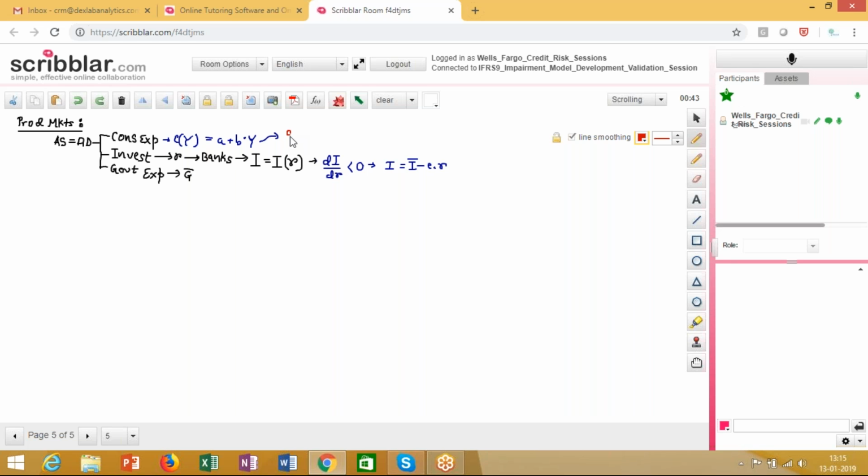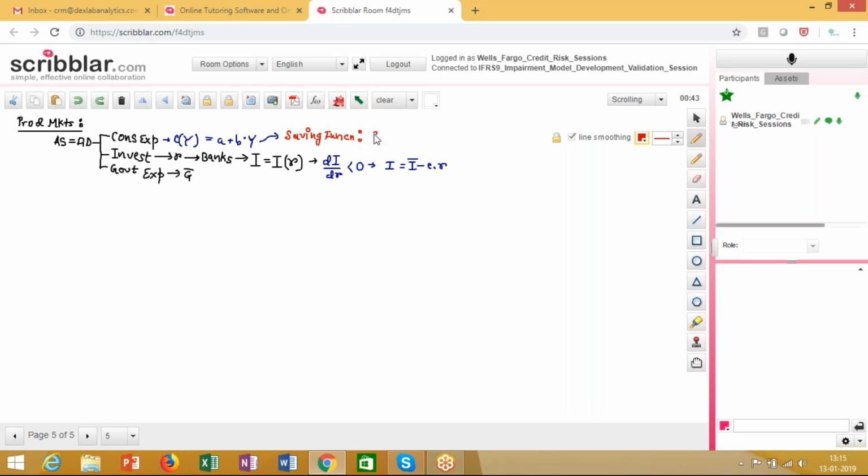So there is a savings function. Savings is a function of the rate of interest, right?